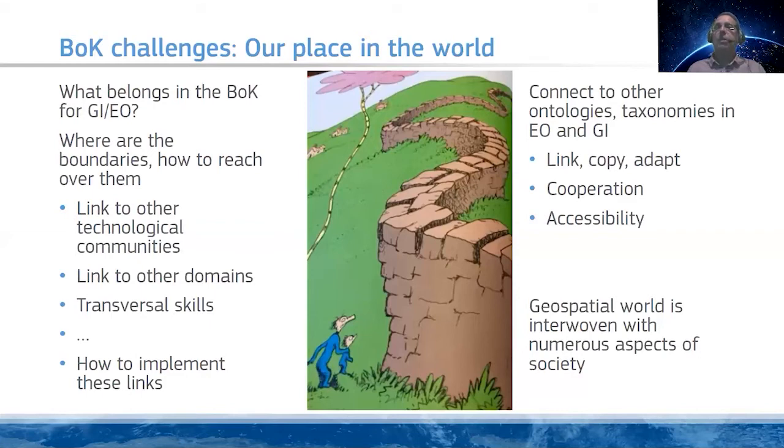And both for connection to inside and outside our domain, we need to look at accessibility, because often we see that ontologies and so on exist, but that we cannot access them because it's technologically not possible, or because we don't have the right for it. Overall, the geospatial world is interwoven with a number of aspects in society. So we want to have links between our body of knowledge and those other aspects of society.